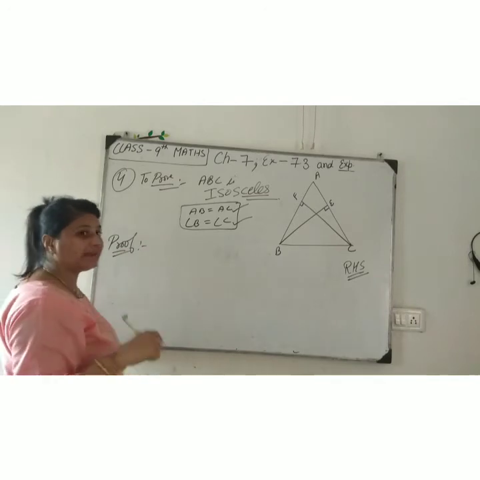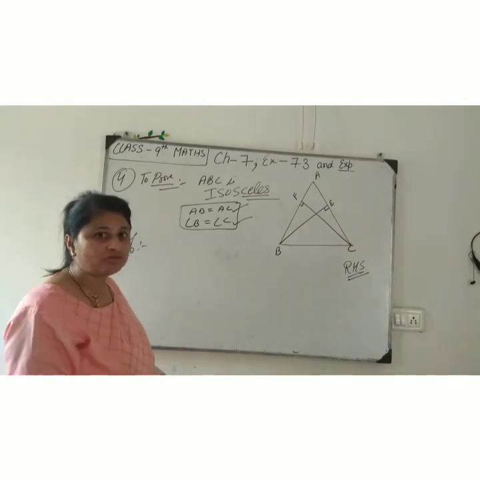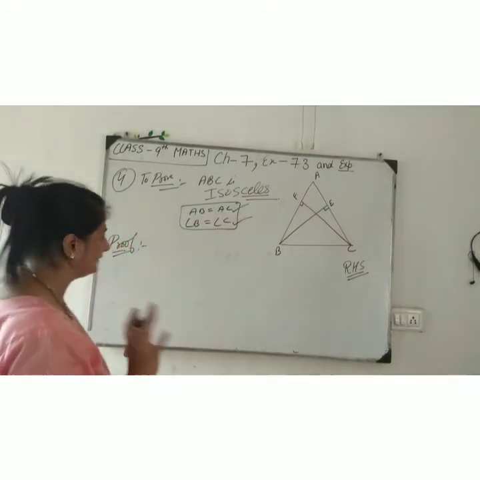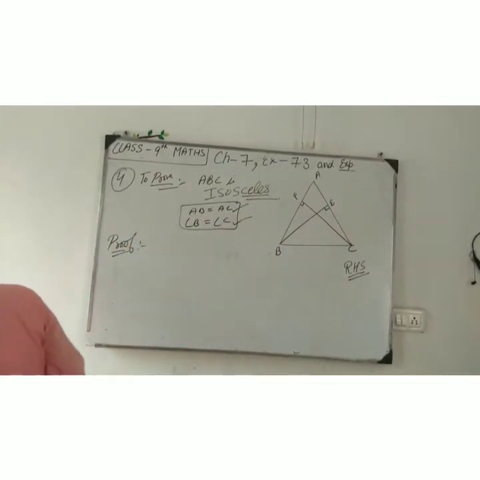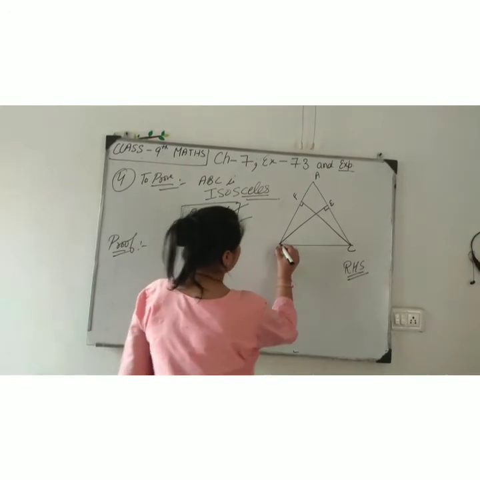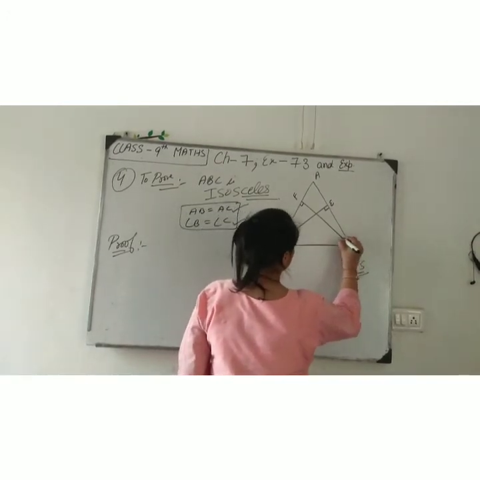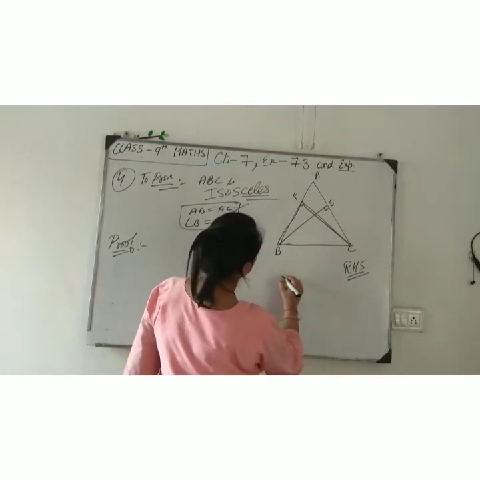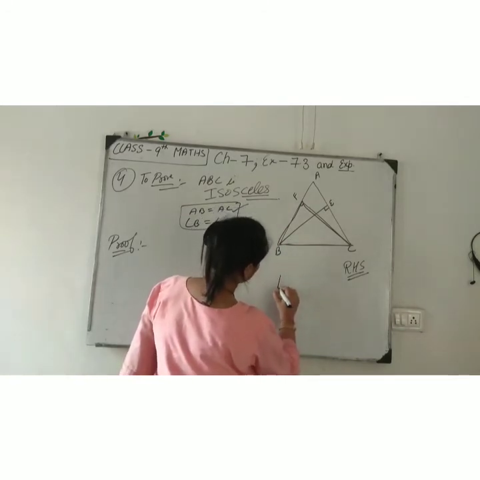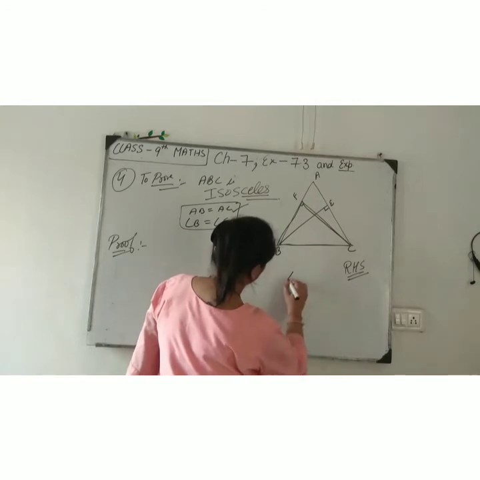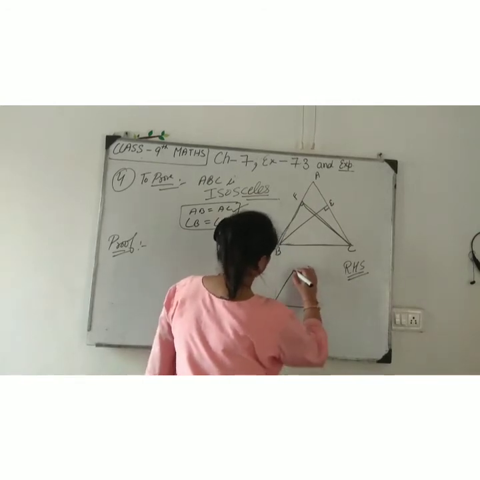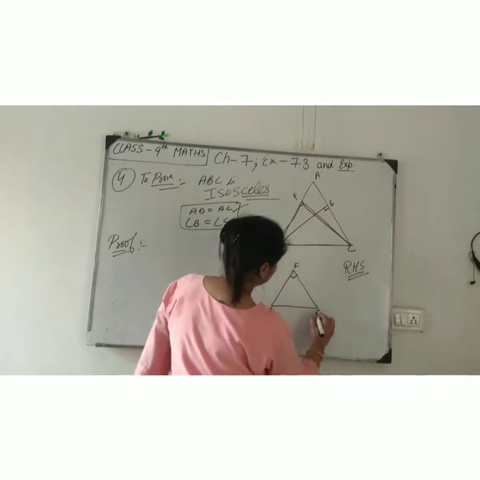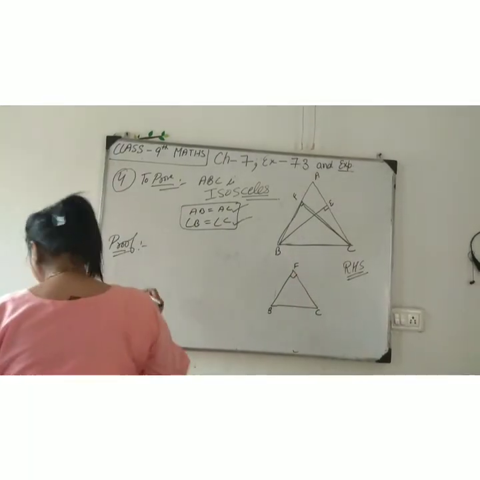And my second condition, according to the question, is that I am just using the RHS rule, nothing else. Okay, so BCF, this one triangle. So I draw here F, B, C. So what do you write here?